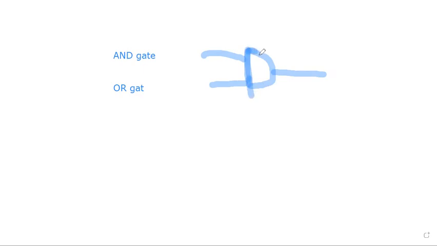You see, it's like a half moon, whereas the OR gate is a very slightly different shape. We have here a straight line and here a curved line. And it has also two inputs. We illustrate them as if there were two wires, and one output wire.